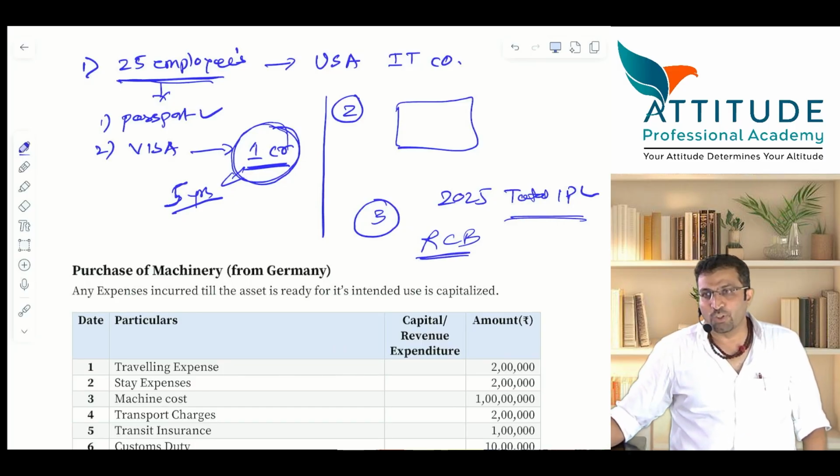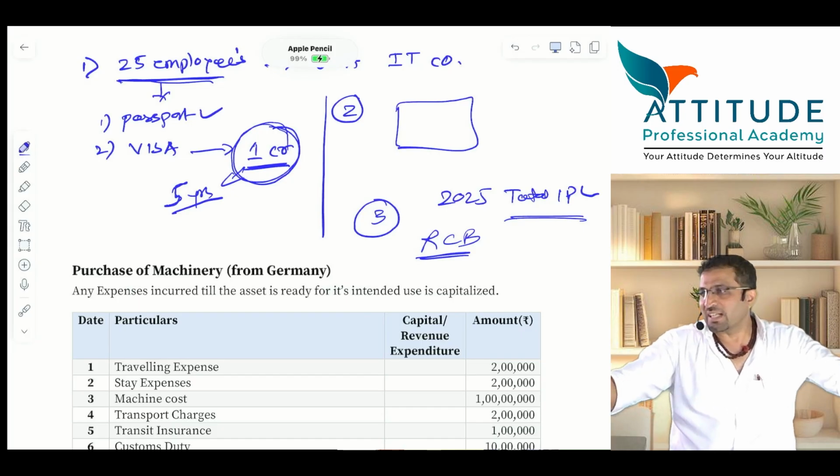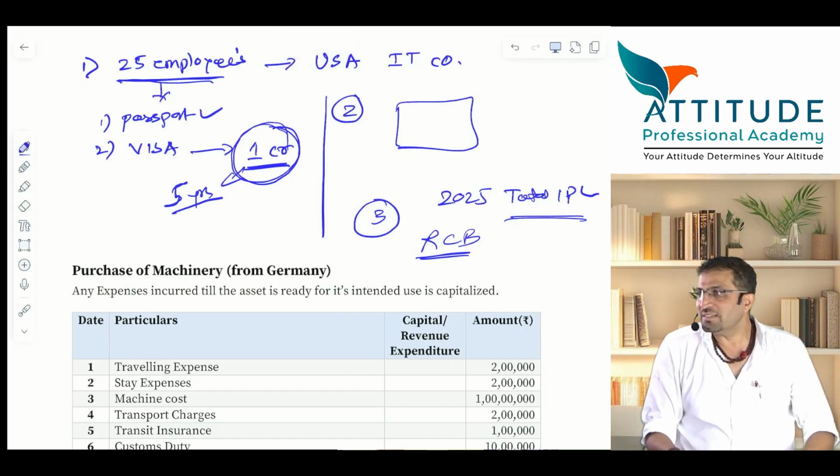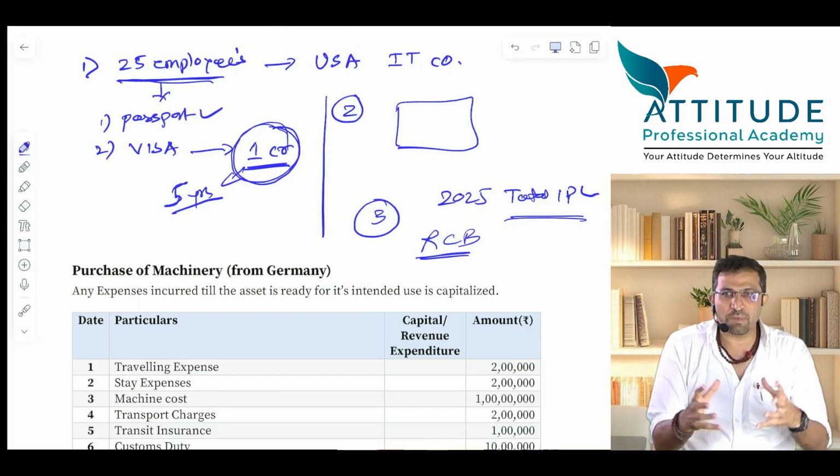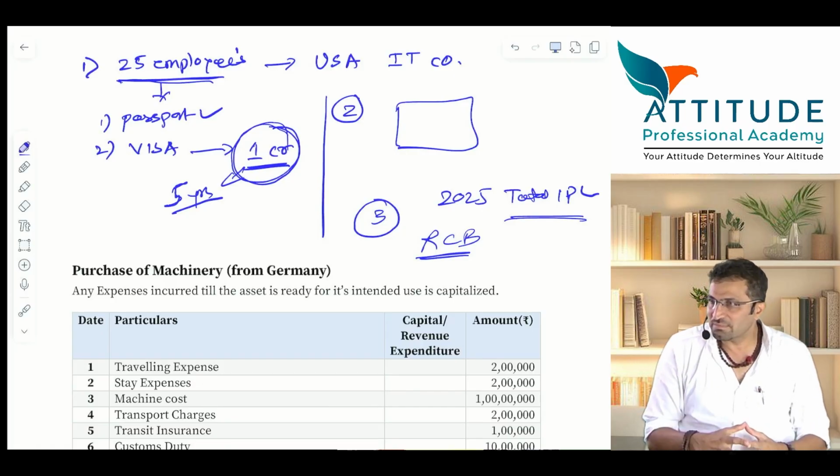Now let us assume you're the Tata company. Have you paid any money to the BCCI? That is IPL. It is a huge amount, in crores. Correct? Let us say 500 crores. How much? 500 crores. Okay, every year 100 crores, assume.